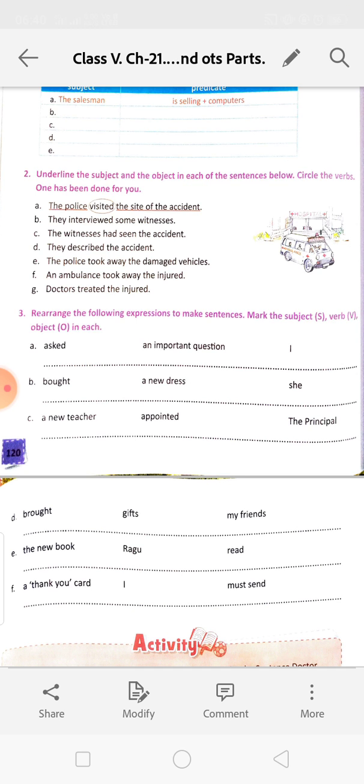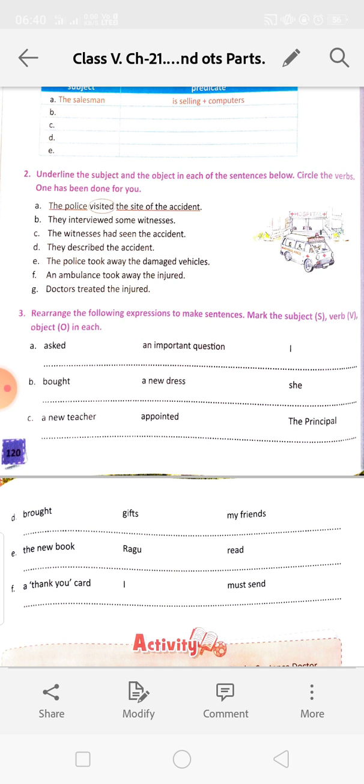A new teacher appointed the principal. The principal appointed a new teacher. The principal is the subject, appointed is the verb, a new teacher is the object. Brought gifts, my friends. My friends brought gifts. My friends is the subject, brought is the verb, and gifts is the object.